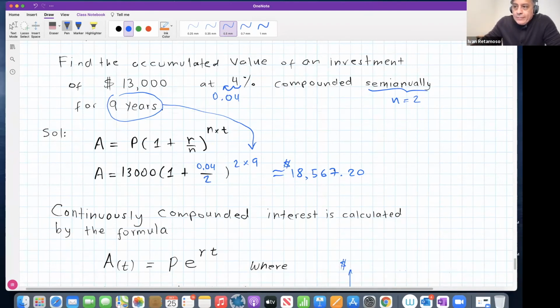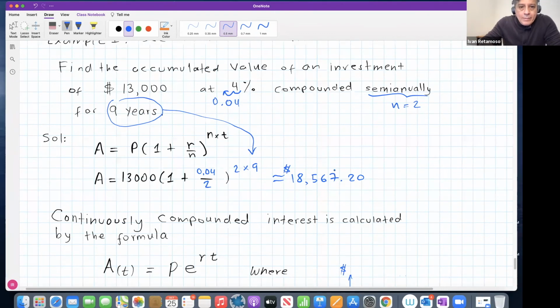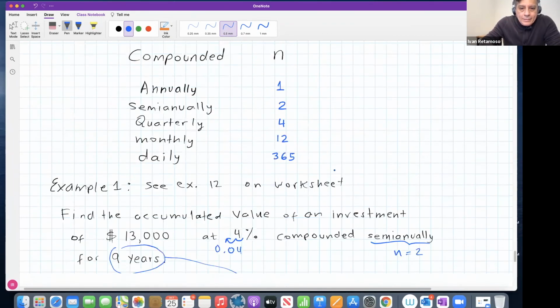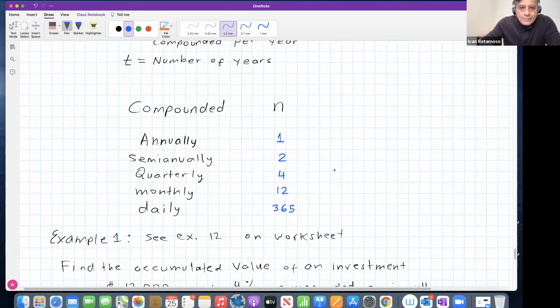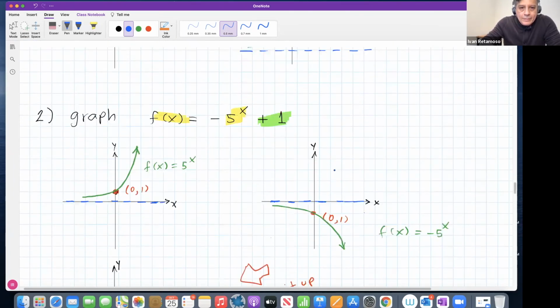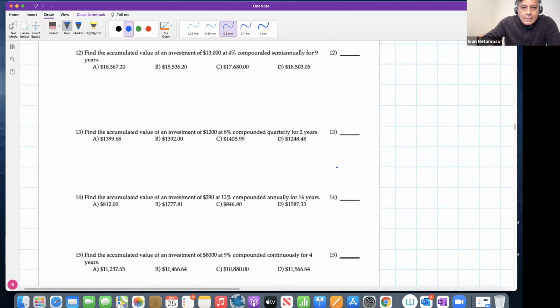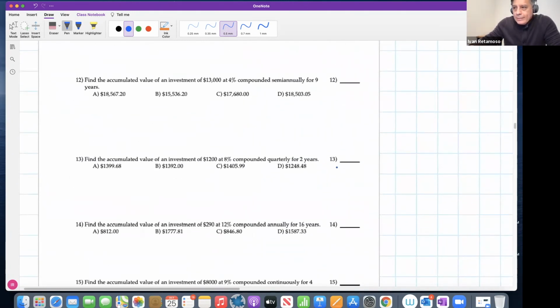Okay, so now I want you to practice. Remember, practice makes the master, especially in mathematics. So let's go to the worksheet and let me ask you to do something on your own. Can you try this one? I think this is number 13.